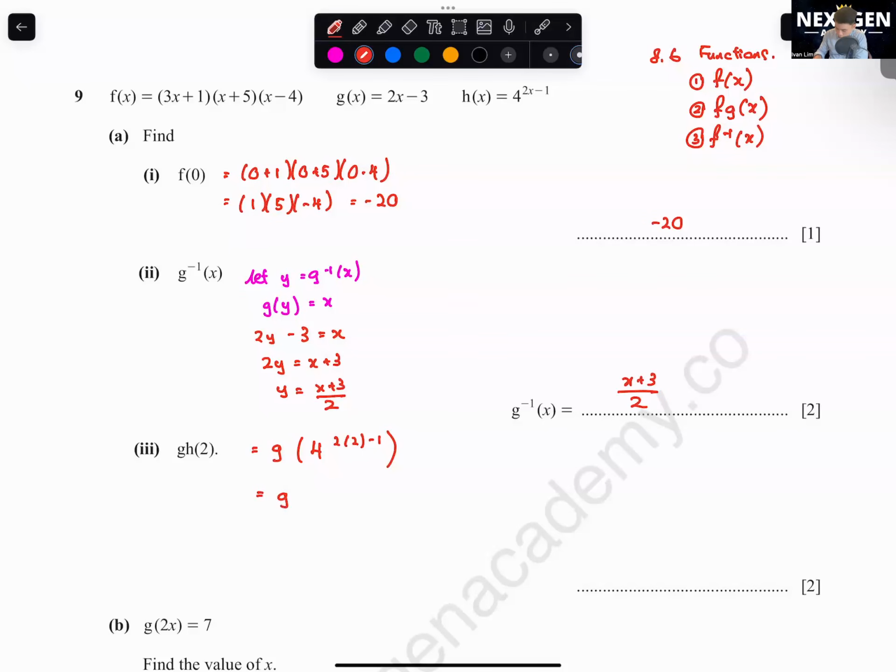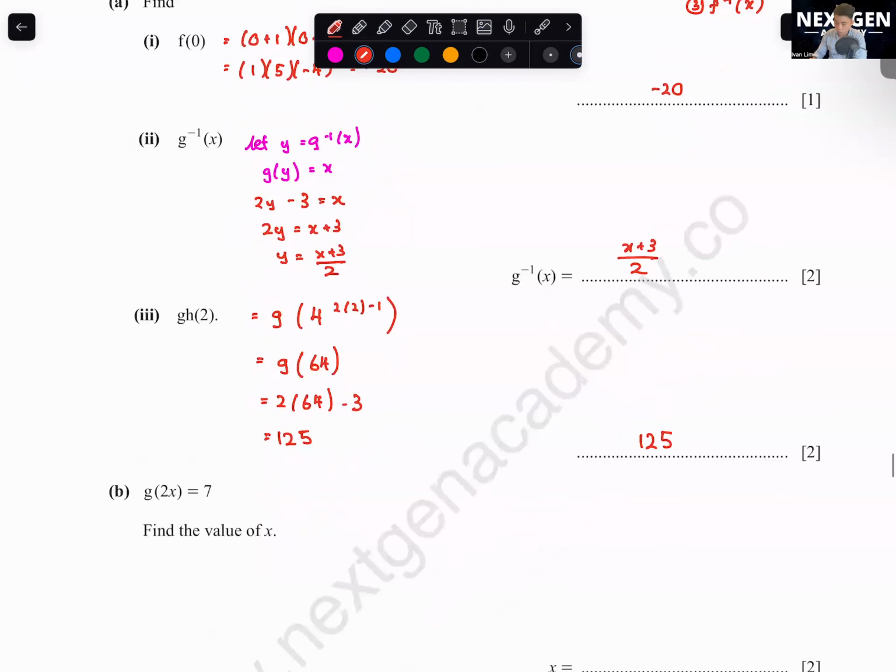Type this into the calculator, 4 to the power of 3, you will get 64. Now my new input is 64, that means my x right now is 64. So what is gx? You'll get 2 times 64 minus 3. Your final answer you'll get is 125.